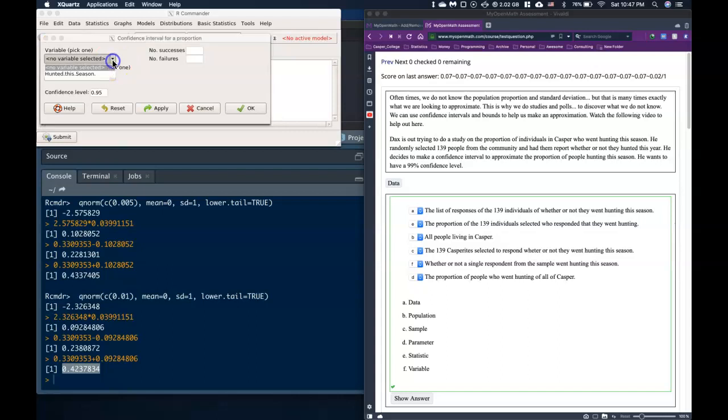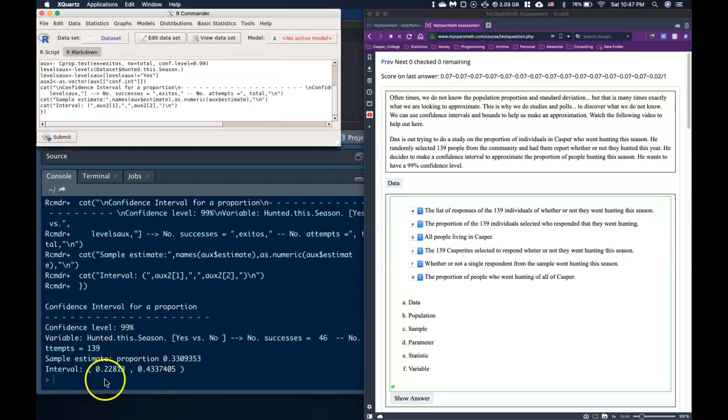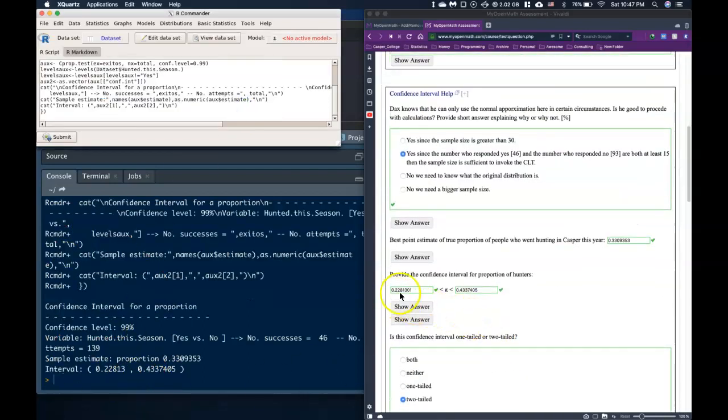We select hunted this season, and we want the proportion of the people who said yes. The confidence level that we want is 99. If we click OK, that's going to give us our two-tailed confidence interval. And if we look, we got matching answers right here, so we are good to go.